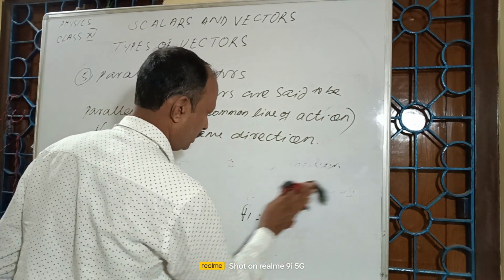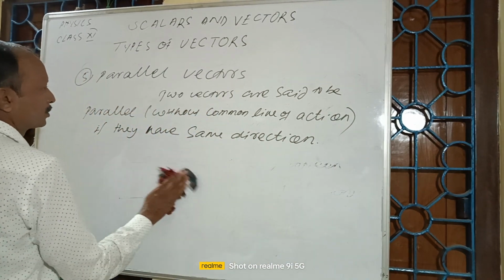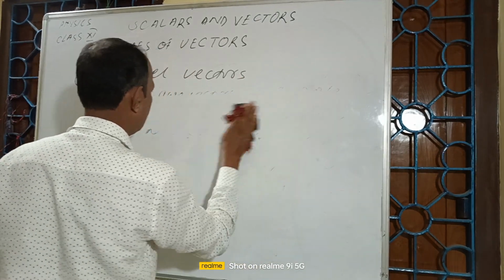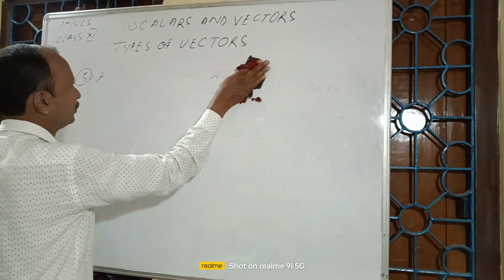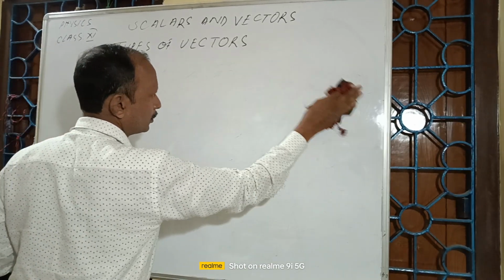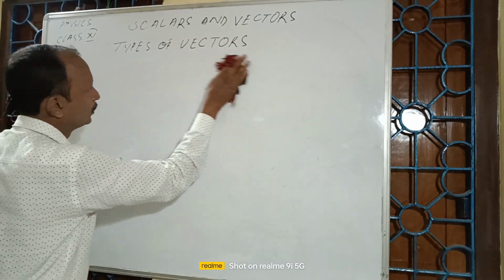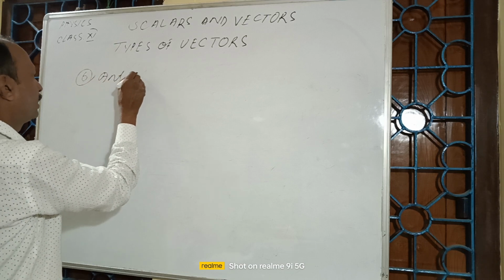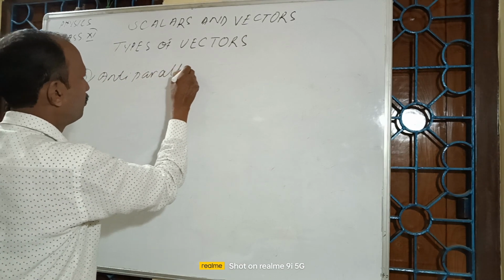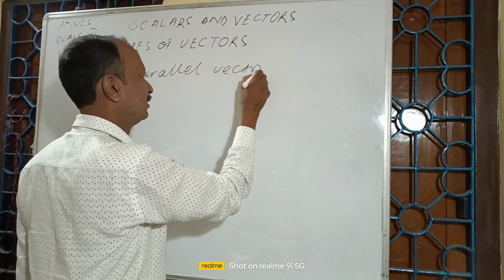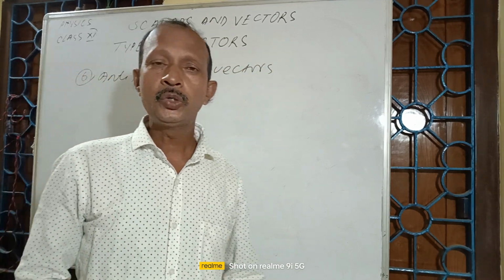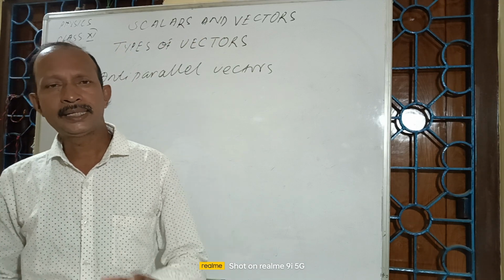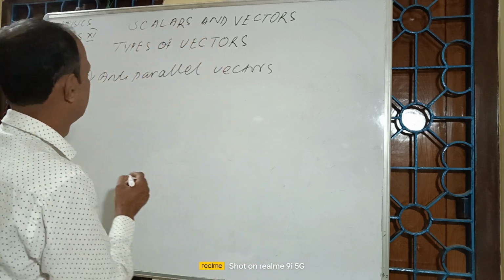Next one, anti-parallel vectors. Number 6, anti-parallel vectors. Two vectors are said to be anti-parallel if their directions are opposite.